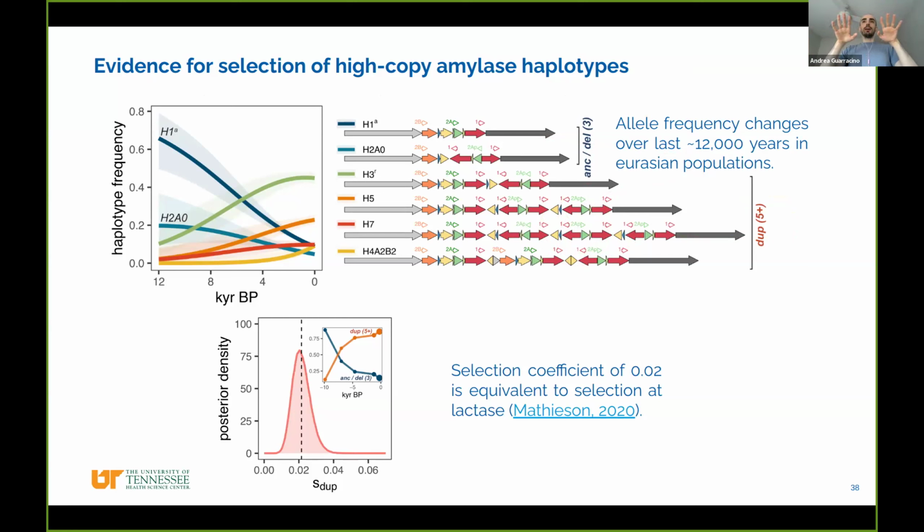If you apply selection analysis on these two alleles, you would get a selection coefficient of 0.002, which is equivalent to what you would get by applying the same kind of analysis in the lactase locus. And this highlighted for the first time that there is a recent positive selection in this locus.